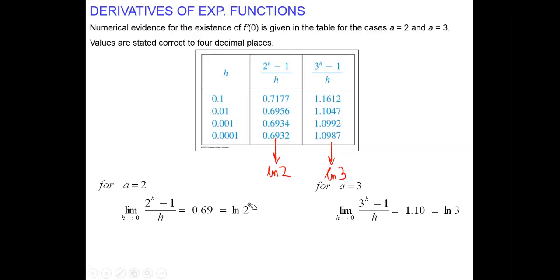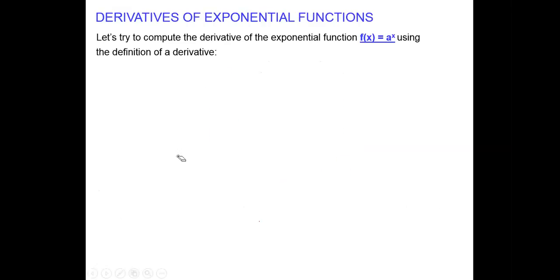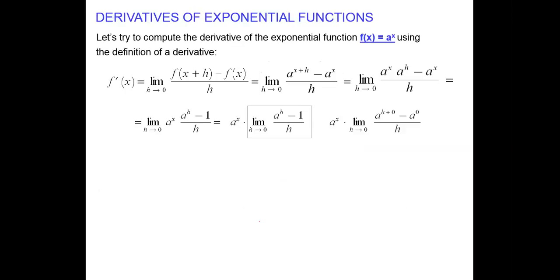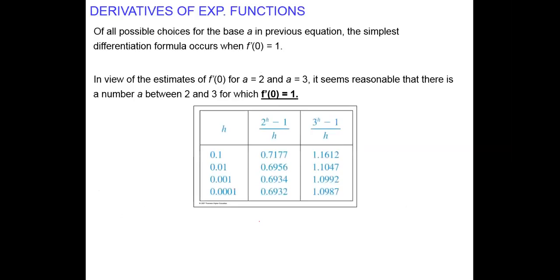It's easy to figure out that the limit I'm looking for is just the natural log of whatever the base was. That means the value of the derivative at 0 is just ln of a.